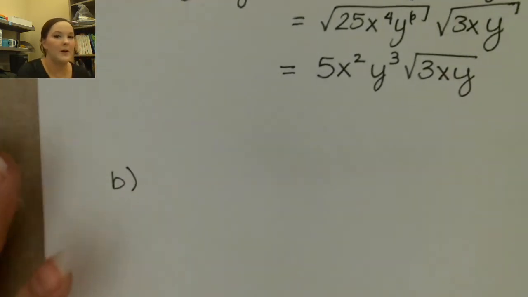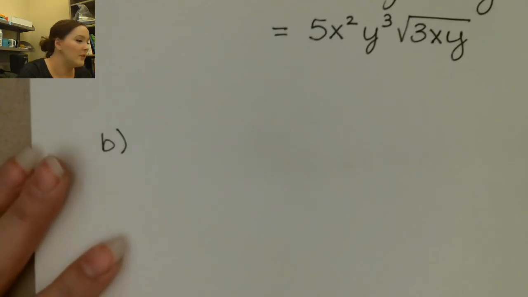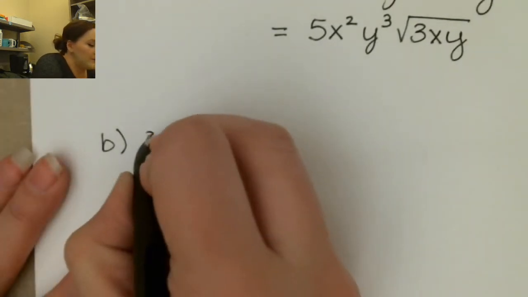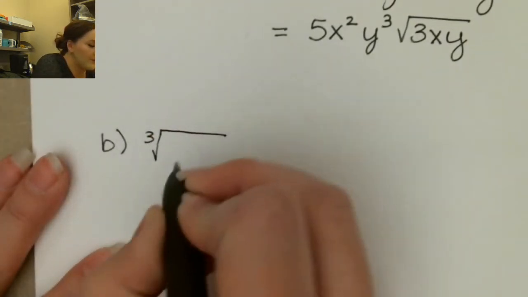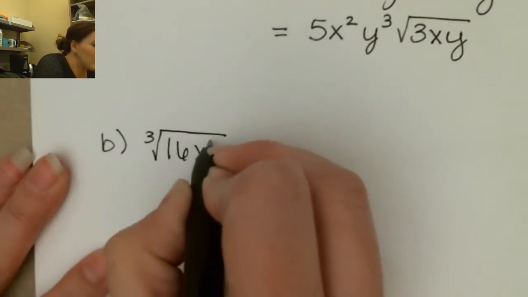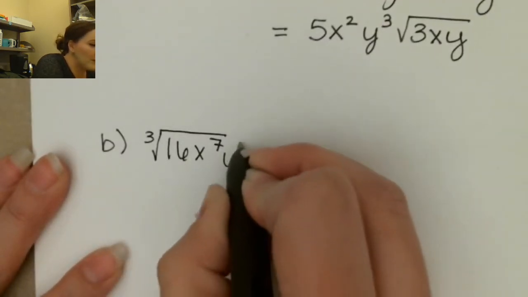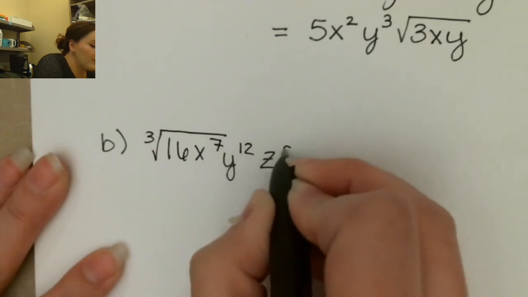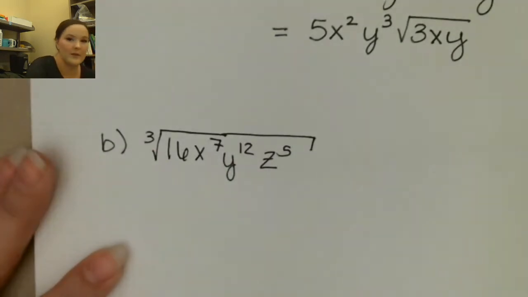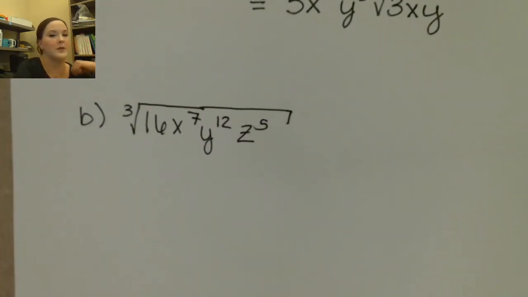Now we're going to do an example that's a cube root. The real difference between the square root example and the cube root example is now we're looking not for factors that are perfect squares, but for factors that are perfect cubes.